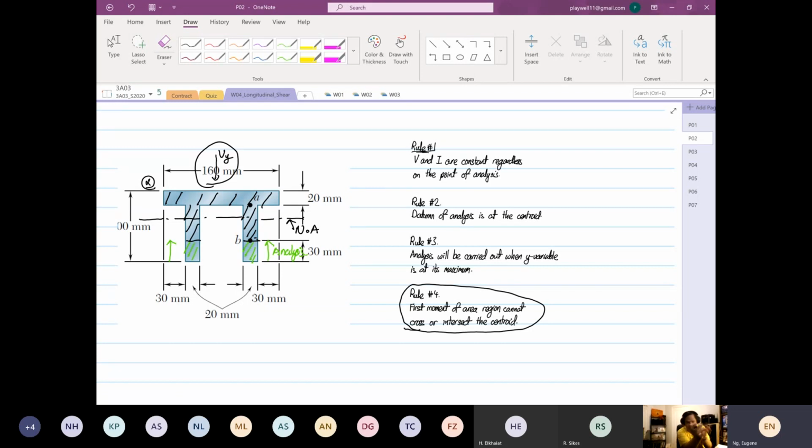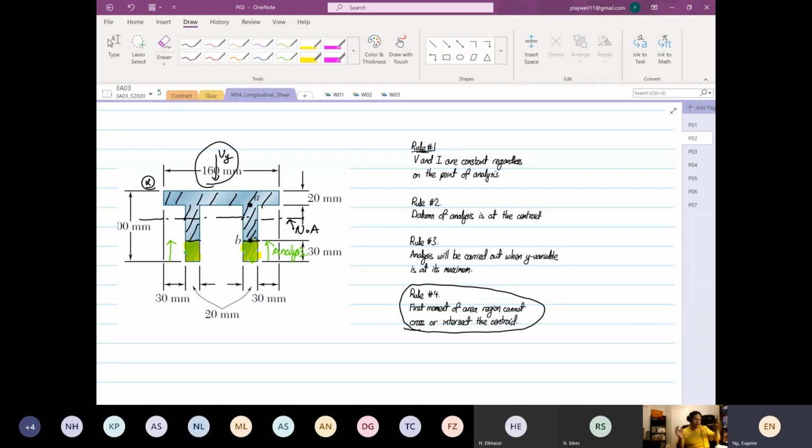If you look at the yellow shaded region now, it will not cross the centroid. So your analysis has to start from the bottom of the web and go towards your neutral axis. Okay, so we're going to do that now.